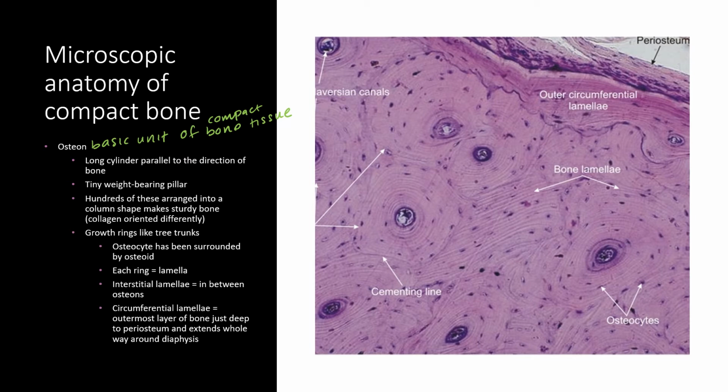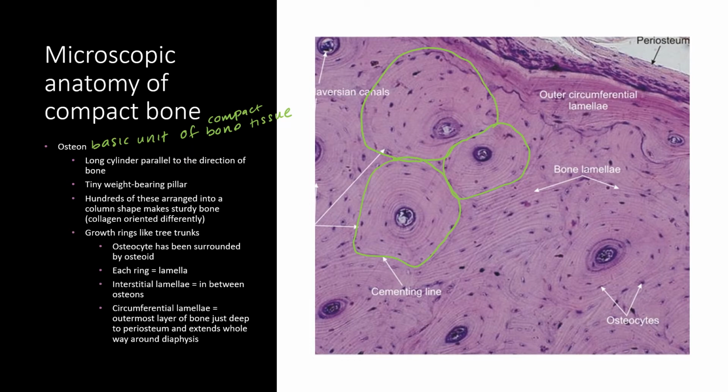These are long cylinders of bone matrix ossified with hydroxyapatite, that calcium stuff, in the direction of the bone. So if you have, again, cartoony long bone here, your osteons are going to be organized in that direction. On this slide, you can see an osteon is each of these big tree rings. So there's one, there's one, there's one, for example.